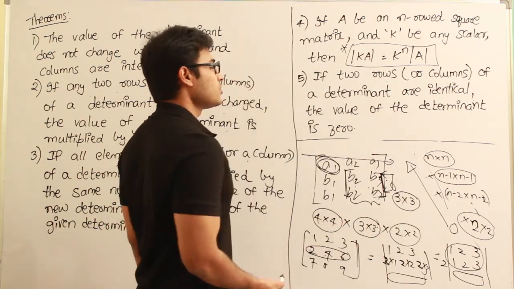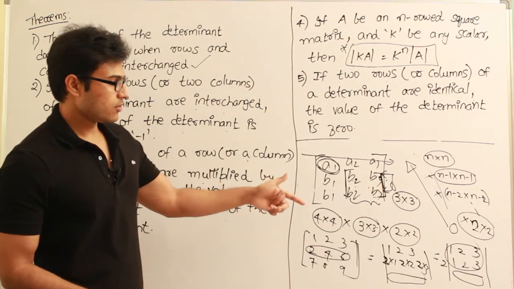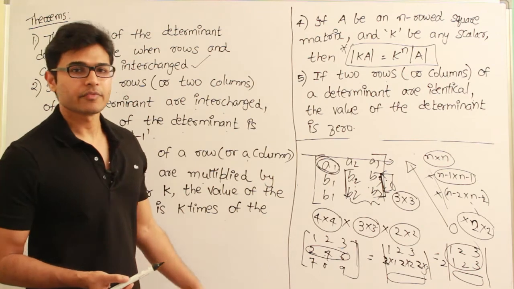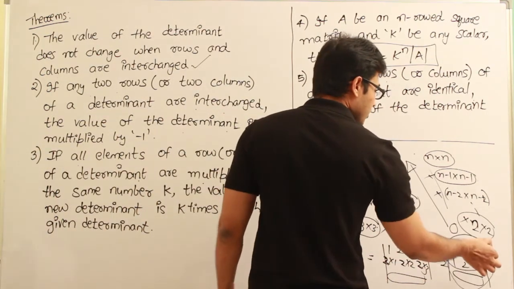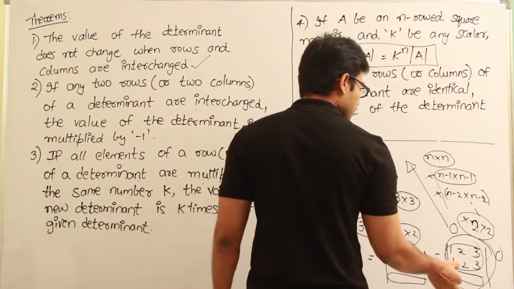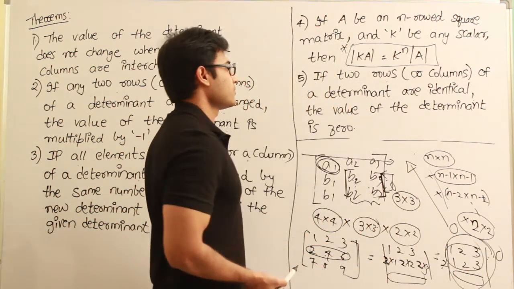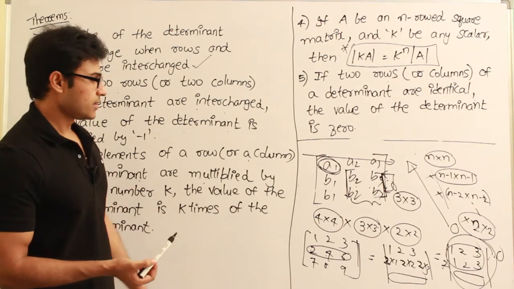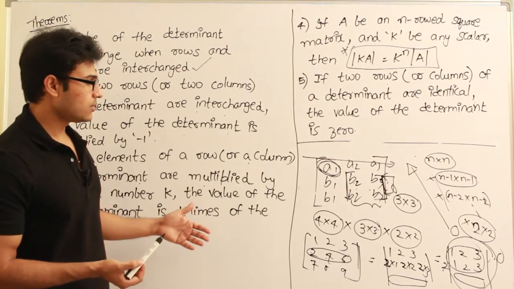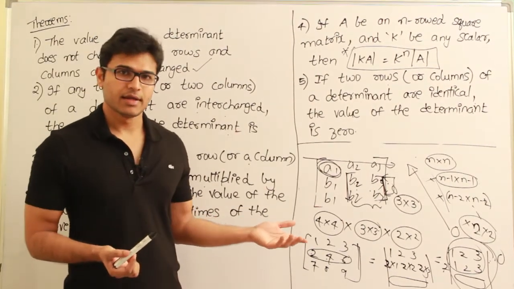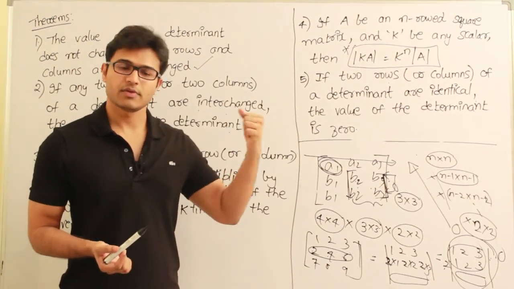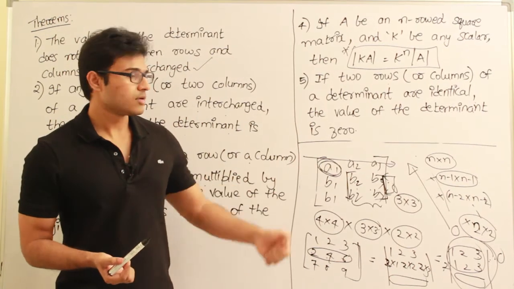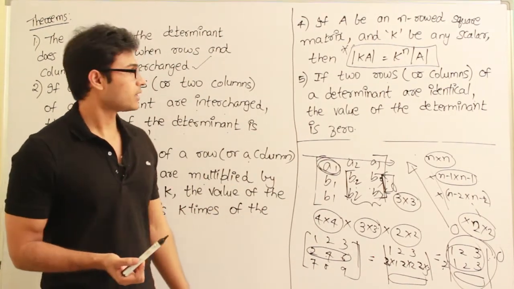Therefore, even if two rows are not identical, if one row is a scalar multiple of the other row, in that case also the determinant is going to be 0, because the determinant of this one is going to be 0, and 2 multiplied with 0 is 0. Got it? So directly the two rows need not be identical. One row might be a scalar multiple of the other one. Even in that case, we are going to get the determinant as 0, right?